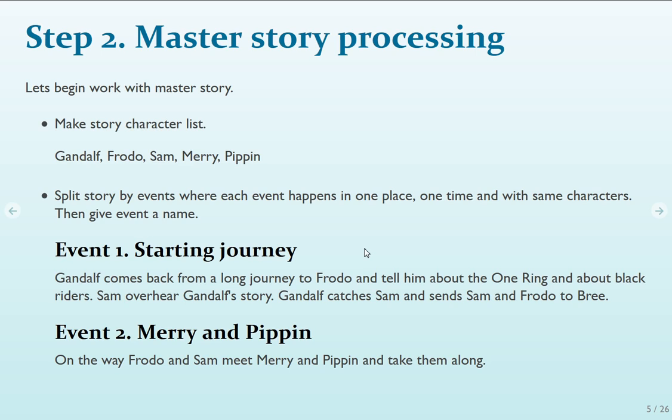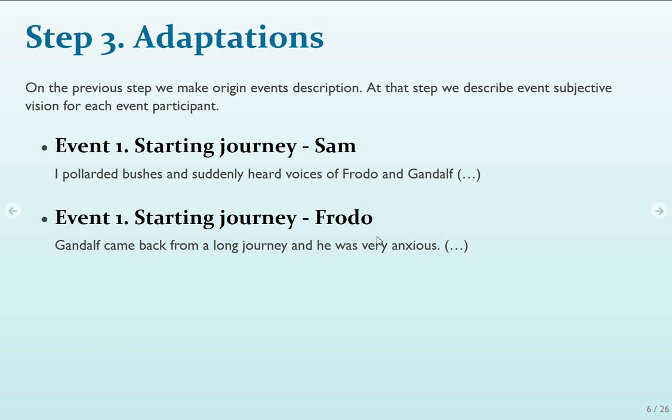Making this processing finishes step 2, and we can proceed with adaptations. In the previous step we made the original event description, and at this step we describe the event's subjective vision for each event participant. So for example, event 1, starting journey, from Sam's point of view: I pulled at bushes and suddenly heard voices of Frodo and Gandalf.